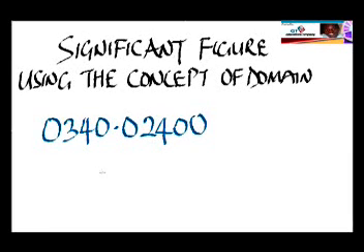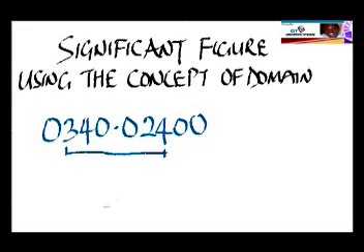Now what you do is, zeros don't close a domain. It is an integer that closes up a domain. So for you to get a domain, look at the first integer here and look at the last integer here. Then any number that exists between them is the number within that domain. So this is called a domain. Now every other 0 that appears outside the domain is not significant.